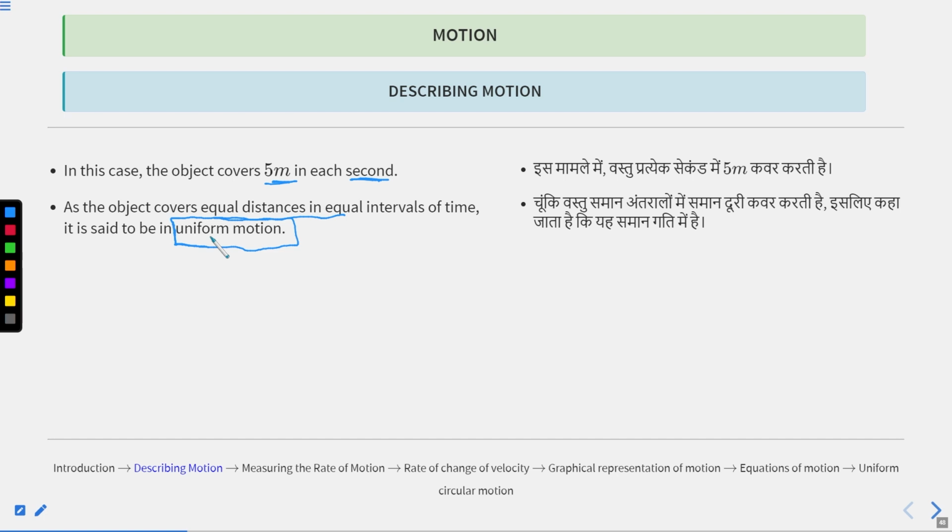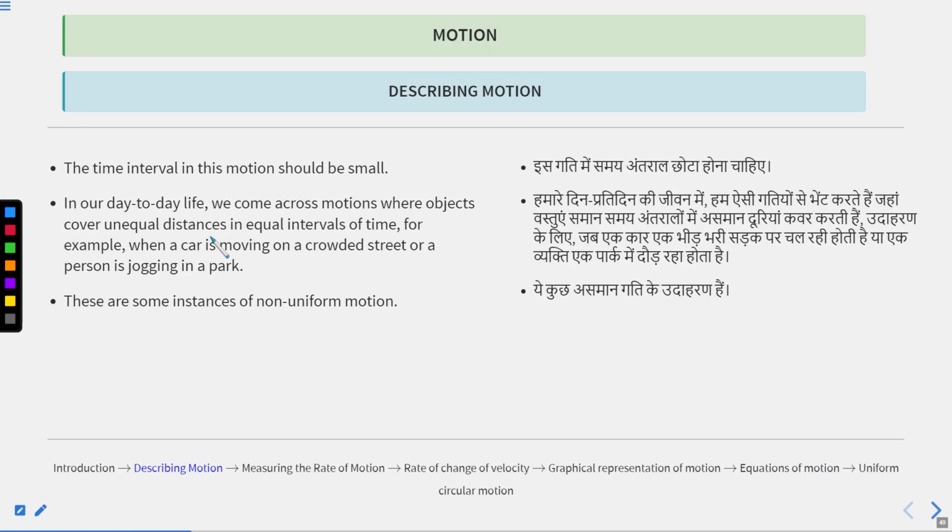Clear class? This is the definition. There is one condition, that the time interval in this motion should be small compared to the whole motion.